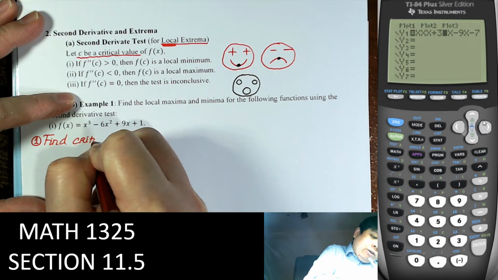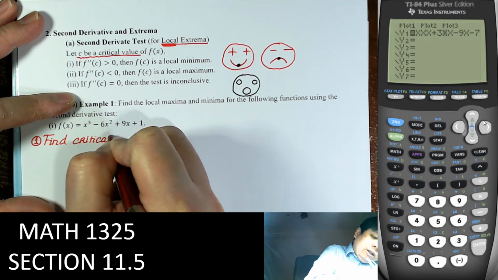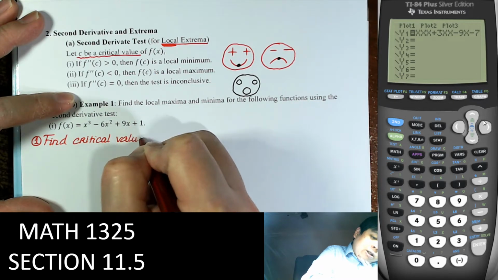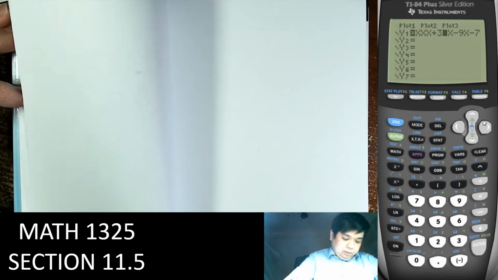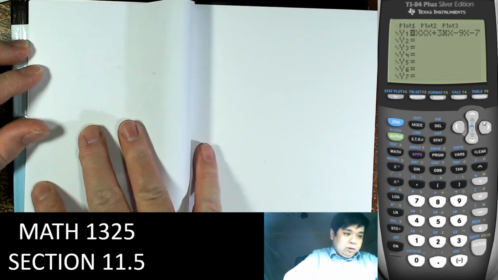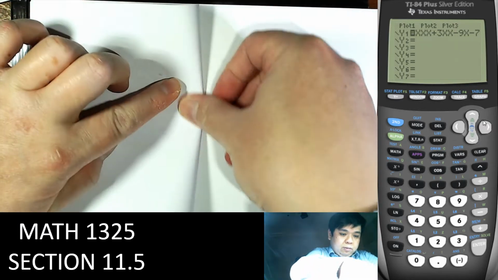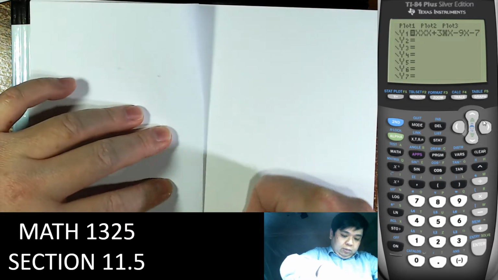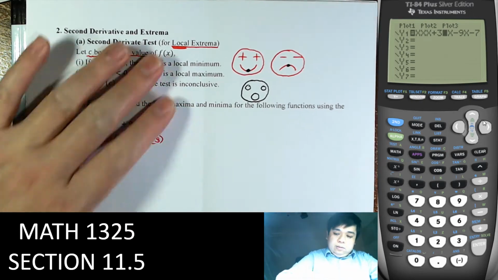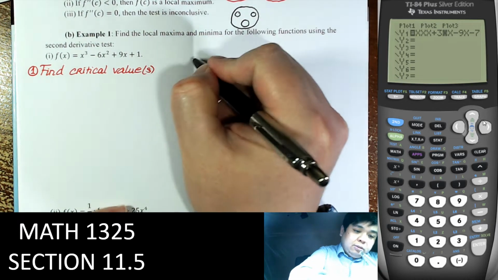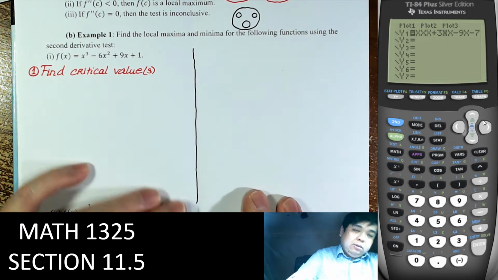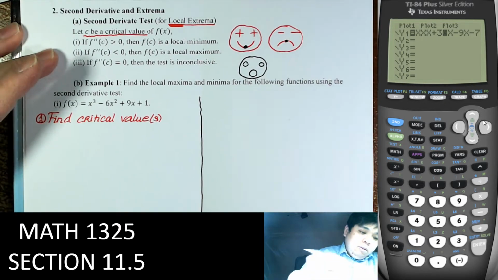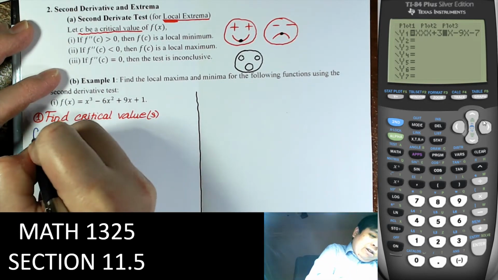For critical values, we take the derivative.